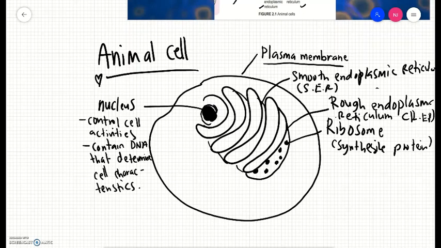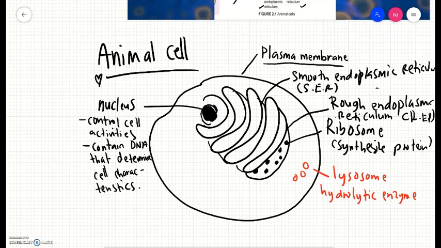Okay, next we're going to draw a small spherical sac. Okay, this is a lysosome. This lysosome contains hydrolytic enzyme.